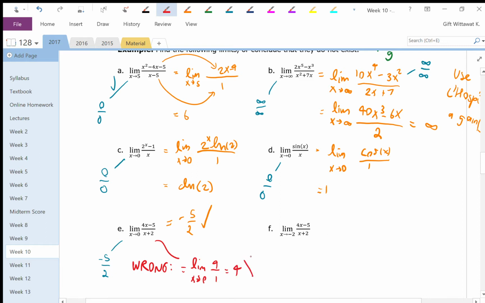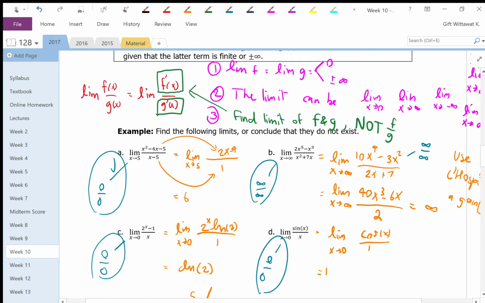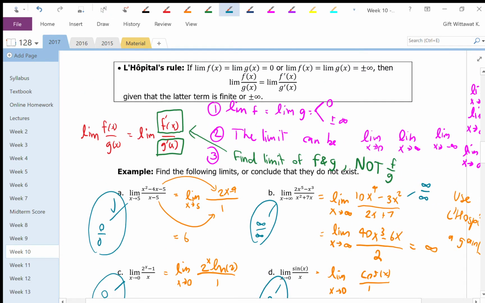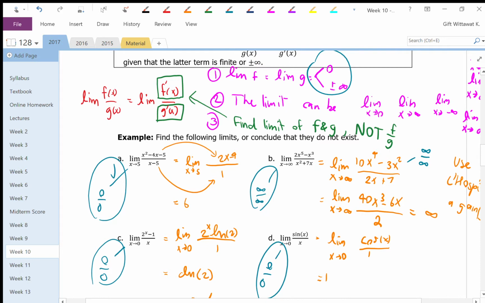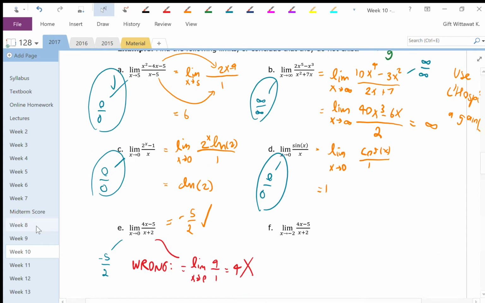You can see this is not the same answer, and the latter is not correct. So whenever you try to use L'Hopital's rule, remember that you have to check the limit first to see if it is in one of the forms you can apply. If it's not 0 over 0 or infinity over infinity, then you cannot use L'Hopital's rule.